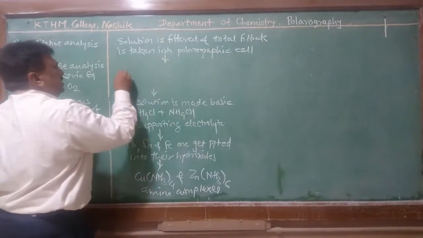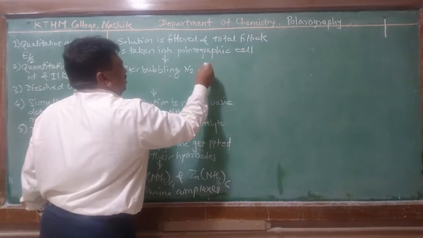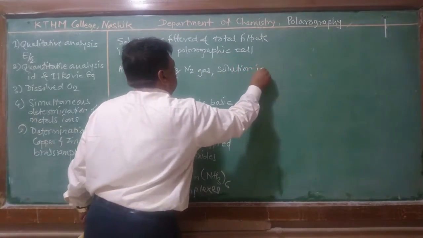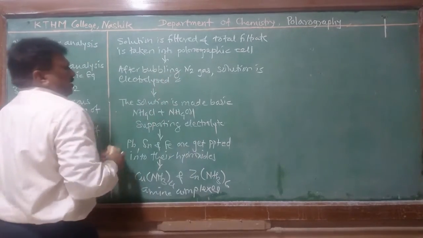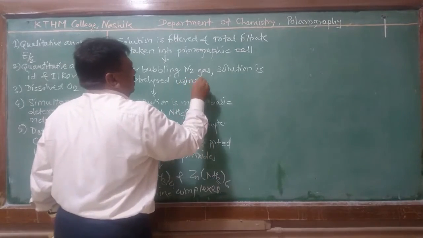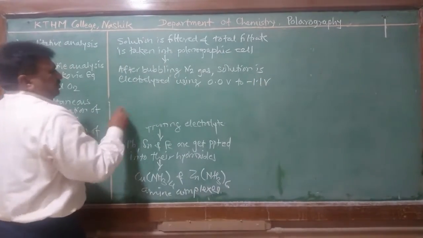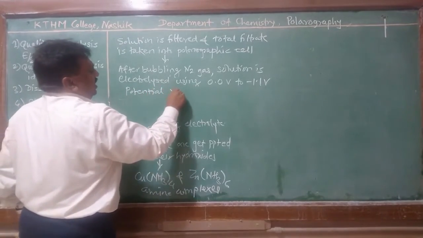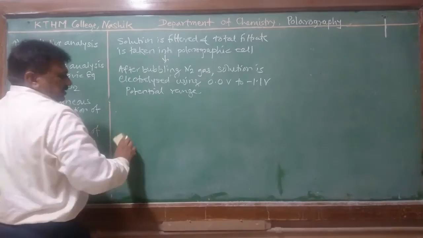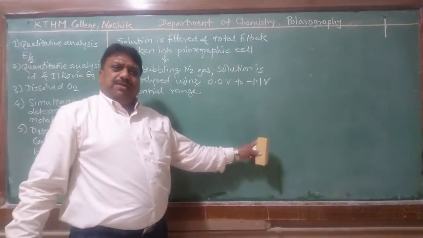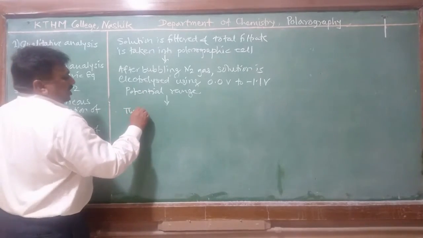After bubbling nitrogen gas, the solution is electrolyzed using a potential range of 0.0 volt to minus 1.1 volt, so that the copper amine complex and zinc amine complex get converted into copper amalgam and zinc amalgam and produce a polarographic wave.